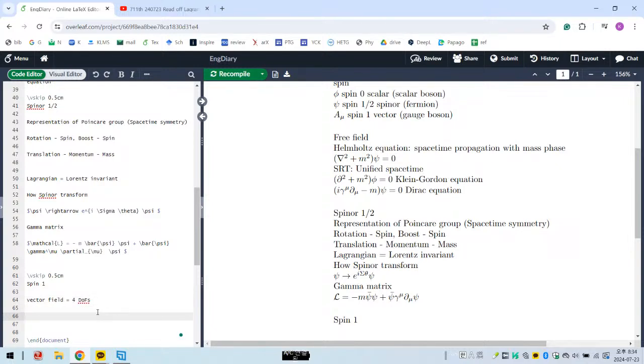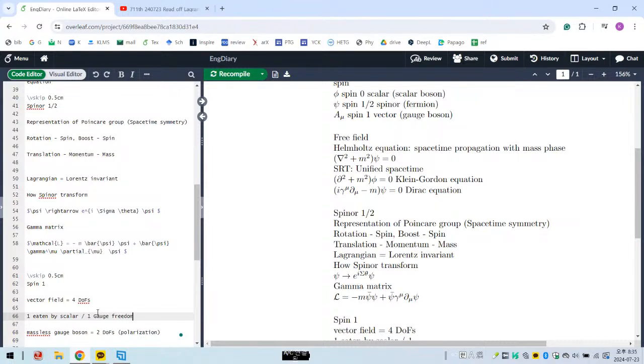But we know that a massless vector field or massless gauge boson has only two degrees of freedom of polarization. So two degrees of freedom should be removed: one is eaten by another field, and one corresponds to the gauge freedom.